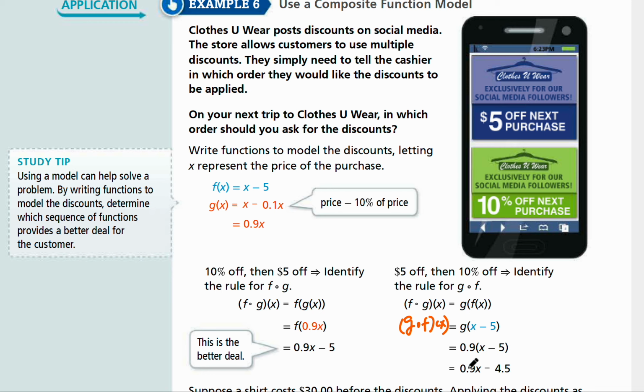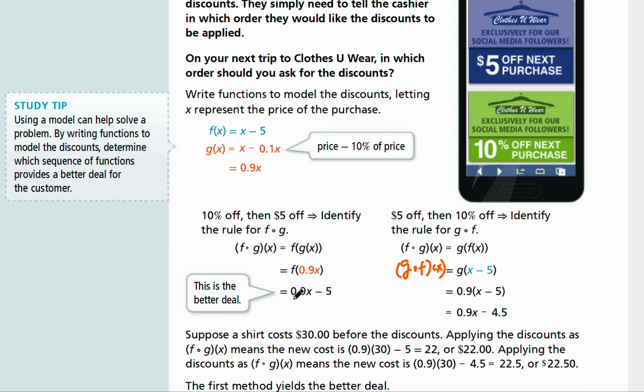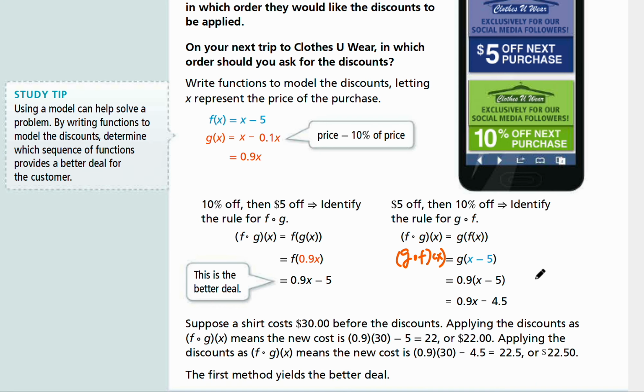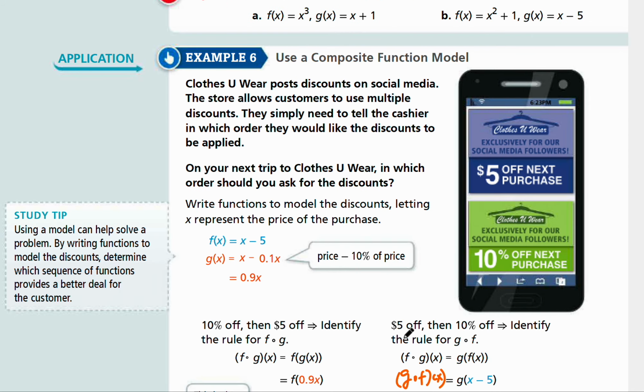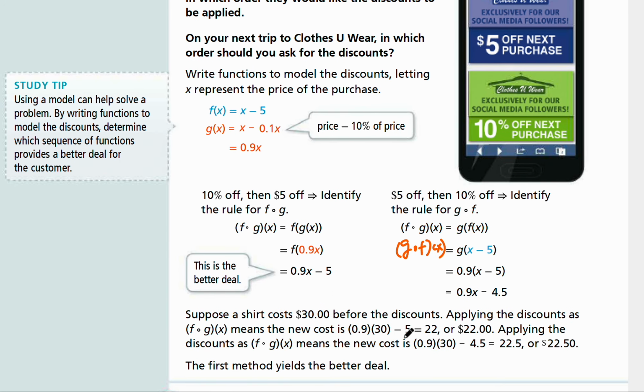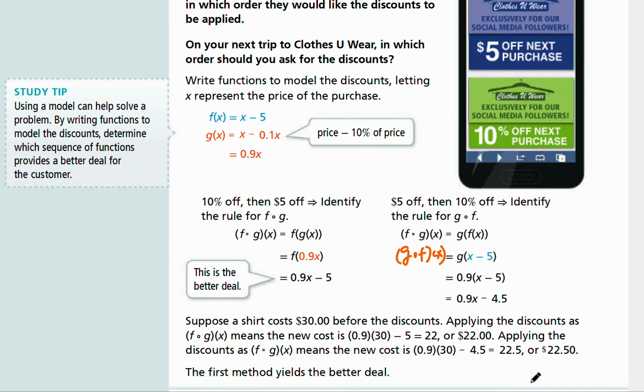And if you look at the final functions, you see that they're the same, 0.9x, but then you subtract 5 for f of g, and then you subtract 4.5, so you should get a cheaper price for the first one. So this is a better deal. If you plug in your cost, you can provide an example of that. So the first method would be a better deal.